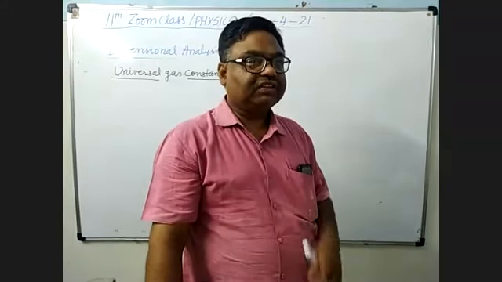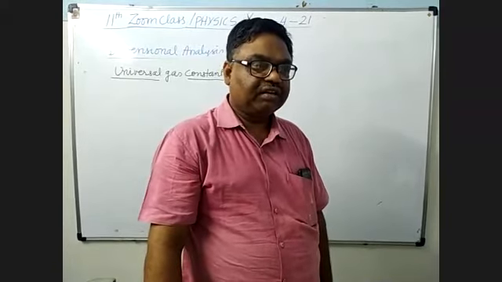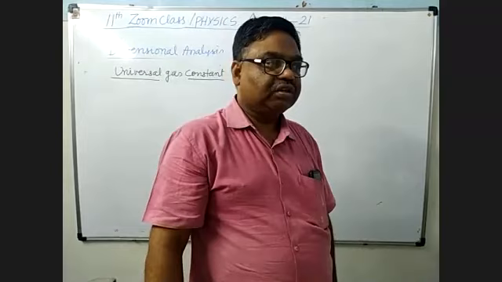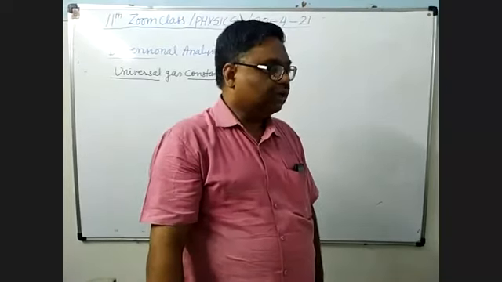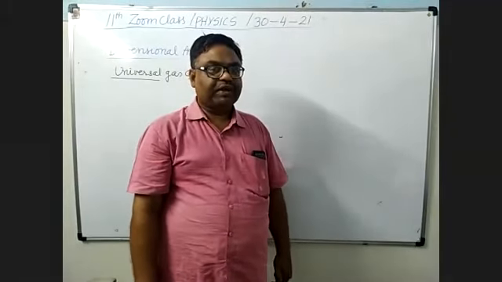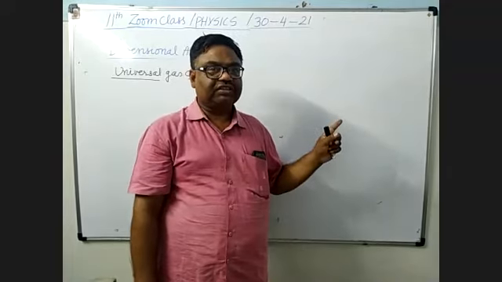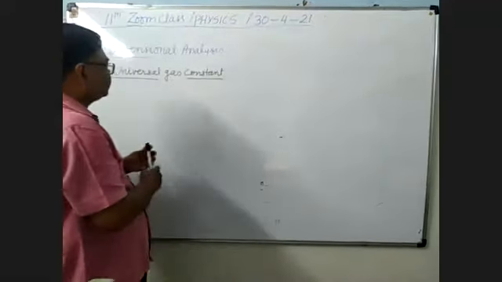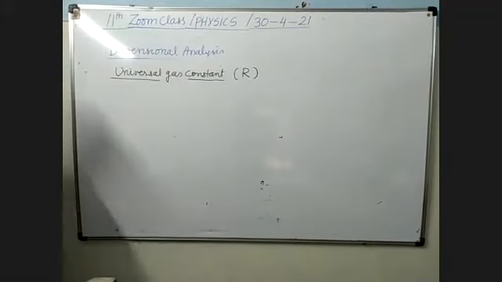Whether acceleration due to gravity is a universal constant? No, sir. It is not a universal constant. Why? Because its value changes place to place. But the universal gravitational constant and universal gas constant, its symbol is capital R. It's clear. These are the universal constants.